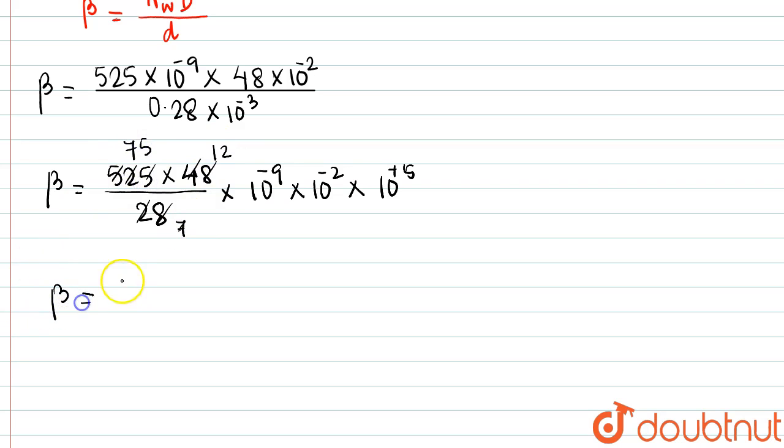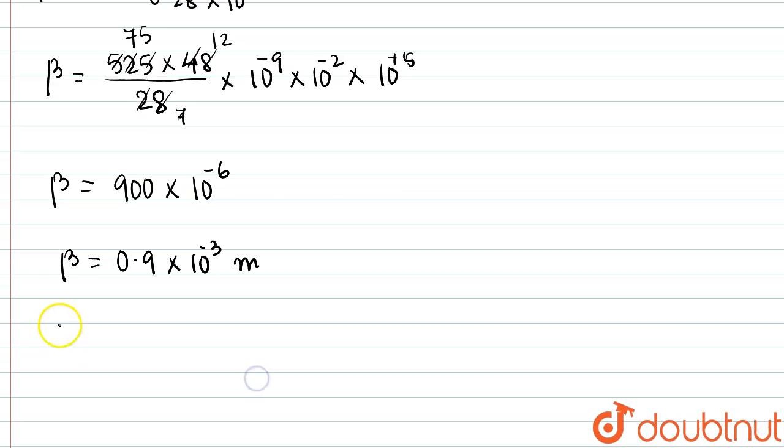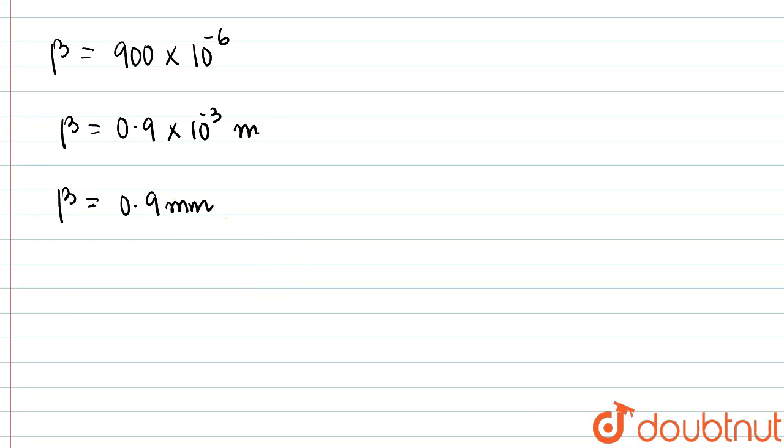So beta will be equal to 75 times 12 is 900, and we will have here 10 to the power minus 6. We can write this as 0.9 times 10 to the power minus 3 meter. The fringe width will be 0.9 millimeter. So we have our final answer here.